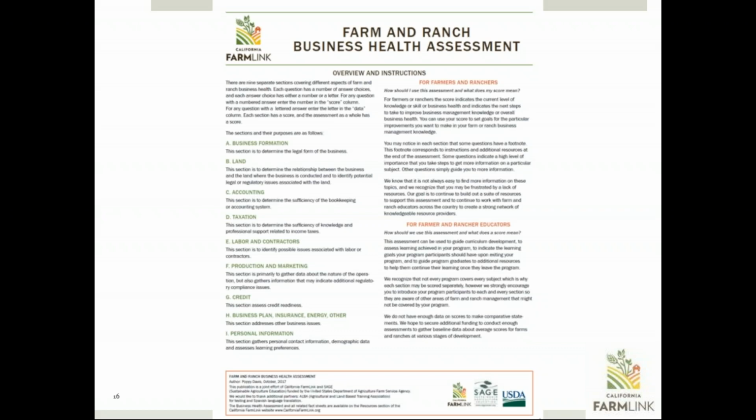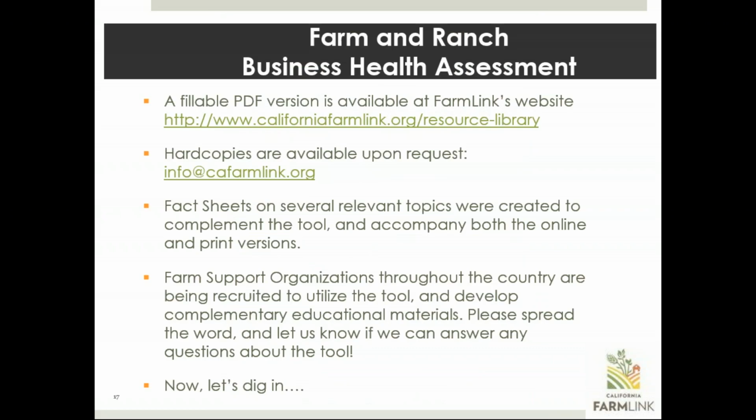It was funded by the USDA Farm Service Agency and developed as a collaboration among 3 organizations: California FarmLink, Sustainable Agriculture Education, and the Agricultural and Land-Based Training Association, or ALBA. You can find a fillable PDF version, both in English and in Spanish, on FarmLink's website. And if you're interested in a hard copy, in booklet form, send us an email, and we'd be happy to mail one to you.